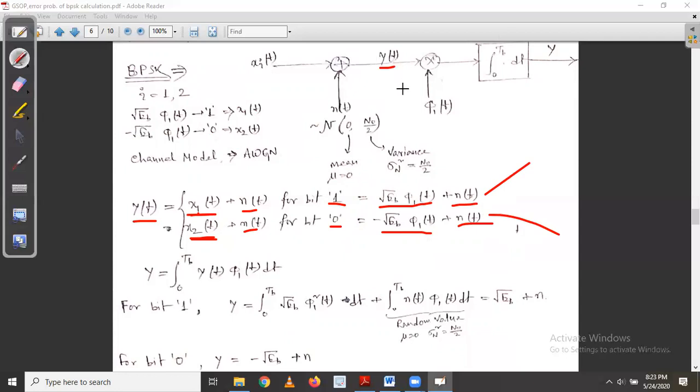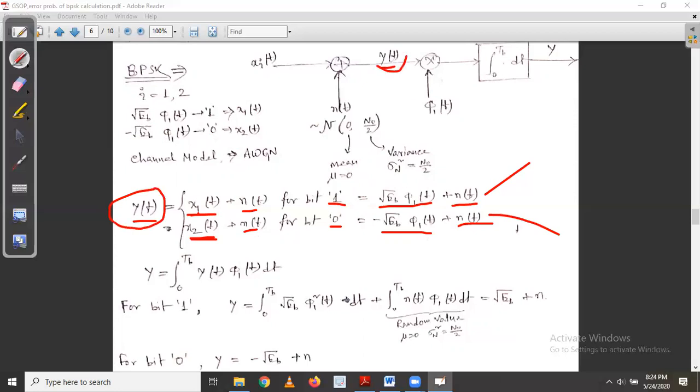Now this is actually your X1 and X2, and that thing is y(t).